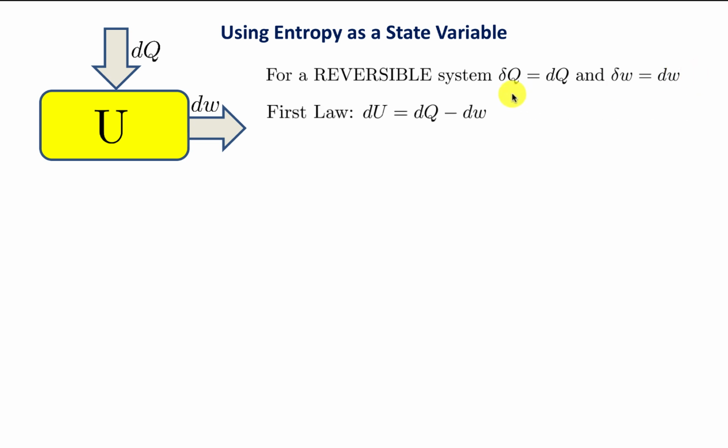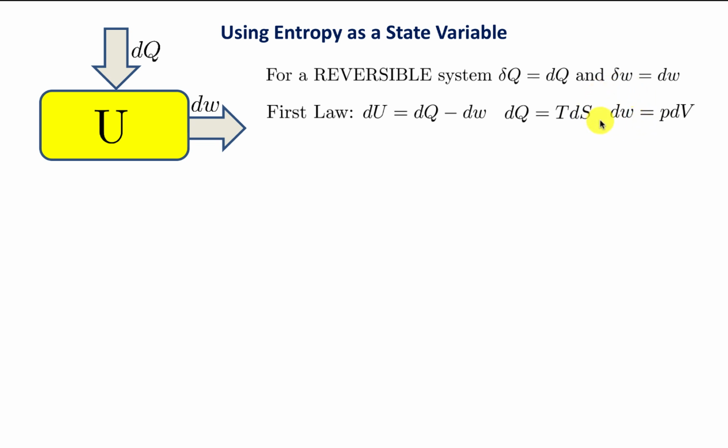Now, the first law says just this, that the increase in the internal energy of this system is equal to the heat received minus the work which is done by the system. This is just energy balance. But now for a reversible system, we saw that dS is dQ divided by T, or you can write dQ is equal to T dS in this way.